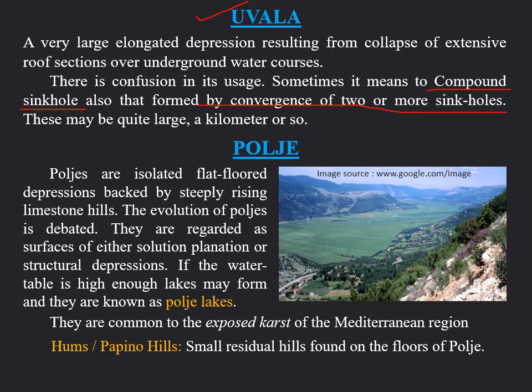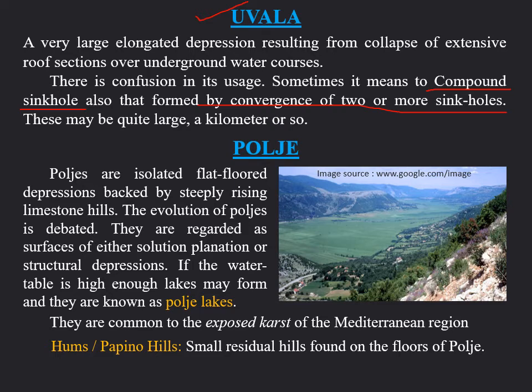As you can see in this picture, the floor is more or less flat, and it is surrounded by steeply enclosing carbonate rocks. As you can see in this flatly depressed portion, it is surrounded on two sides and almost on all sides by these kinds of steeply inclined carbonate blocks.